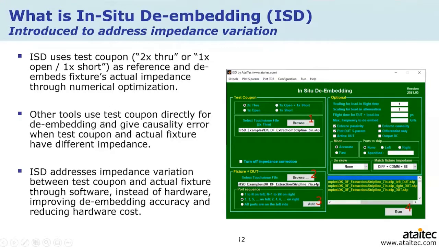Other tools use the test coupon directly for the de-embedding, and then, as we said before, it's going to give you that kind of causality error when the test coupon and the fixture have different impedance. So in the end, ISD can address impedance variation between the test coupon and the actual fixture through software instead of tightening the hardware. And in the end, it helps you improve the de-embedding accuracy and reduce the hardware cost.